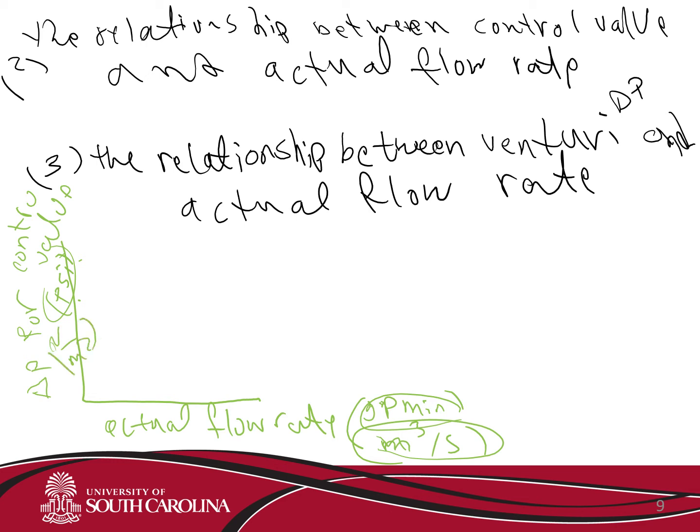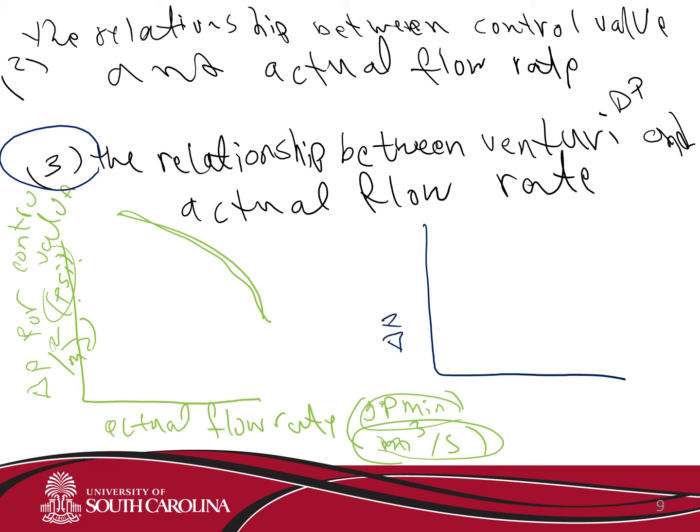So for the valve you should get a graph like this, and then you need to explain why you get this relationship, for example decreasing flow rate with decreasing pressure drop. The third one, delta P for what? For Venturi.